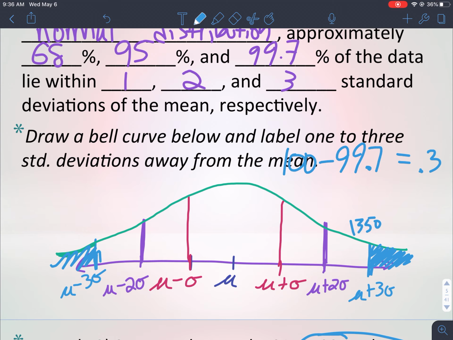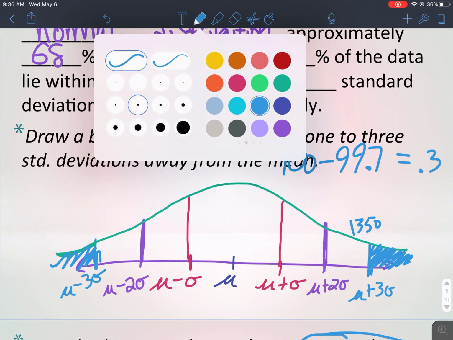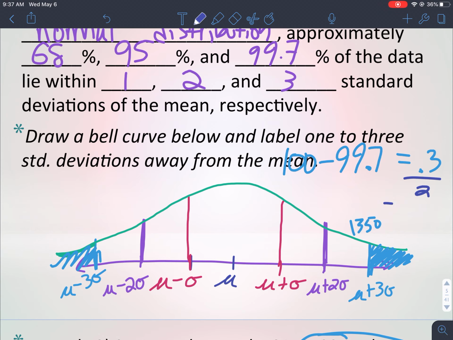If I divide that by 2, I get 0.15. So this is going to be 0.15%.